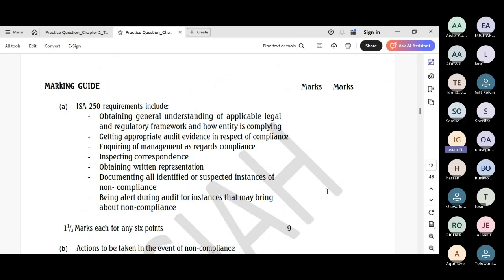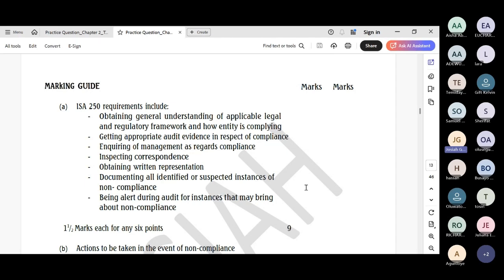So you see that the marking is half mark, 1.5 marks, implying that a good explanation and clarification of each step is expected, not just a bare listing. So the solution gives us 7 points, plethora of. So we have a range of where to choose from. And please, the general understanding of the framework of ISA 250 is foundational for identifying risk of non-compliance.